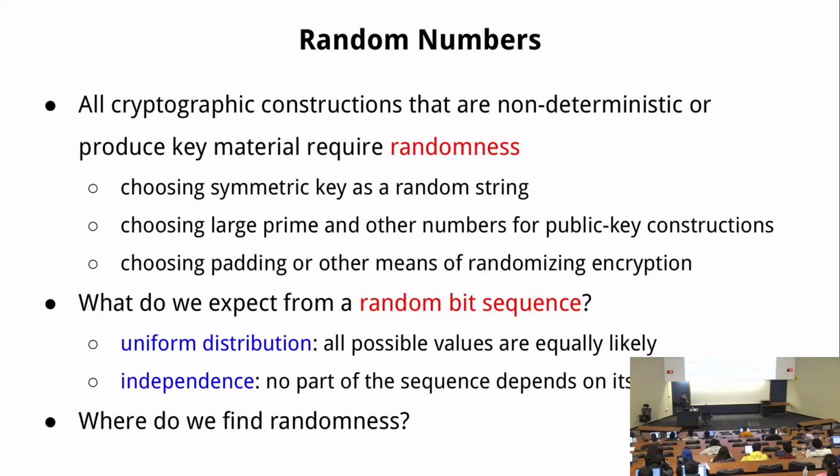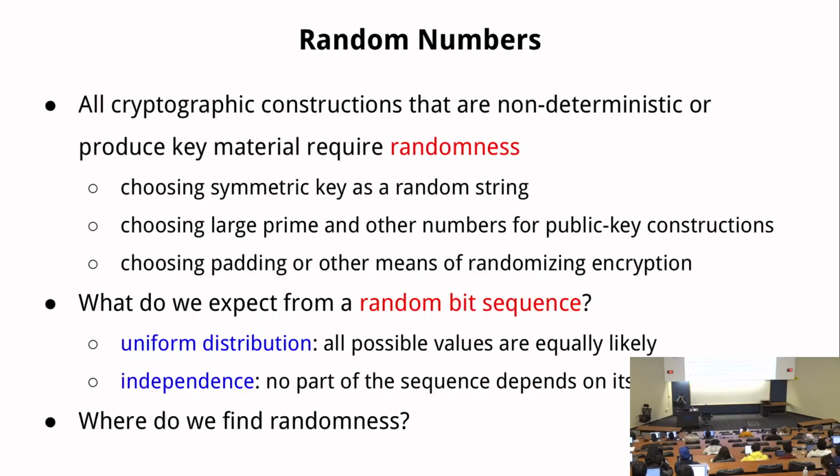The symmetric key is just a random number. And for the public key, we also use random numbers that are primes, but large. Also the paddings and challenges are not necessarily secret, but they should still be random numbers.